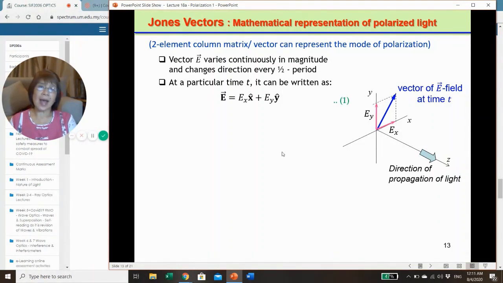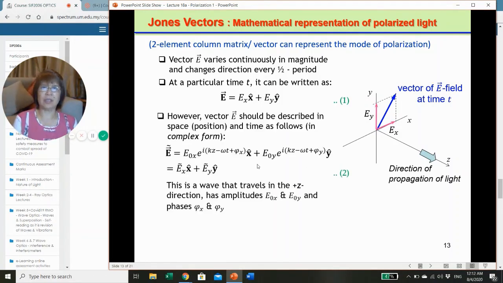Now, at a particular time, we choose a particular time t, so we freeze it and we can then represent the electric field vector by a resolved component in the x and the y direction. And if we were to write it in full, which will include the time function, then it's better that we represent it using complex form.